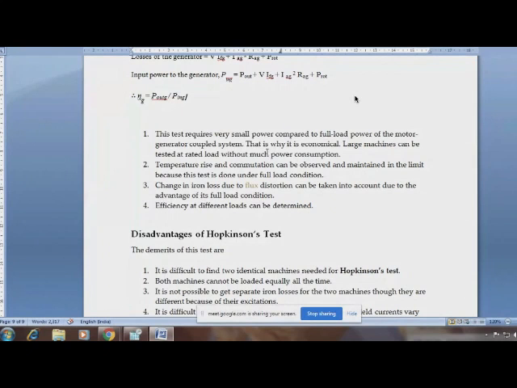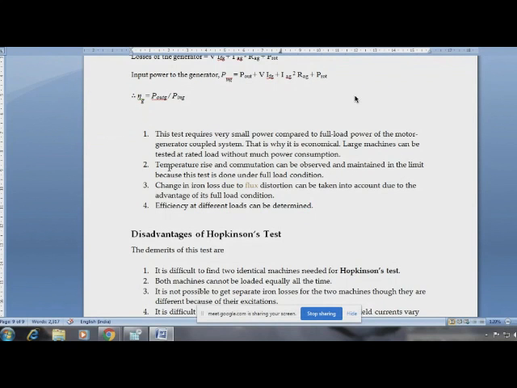These machines get activated on their own because they're coupled. So the power taken from the mains is quite small. Large machines can be tested at rated load without much power consumption. Is it clear? So that is one important merit.